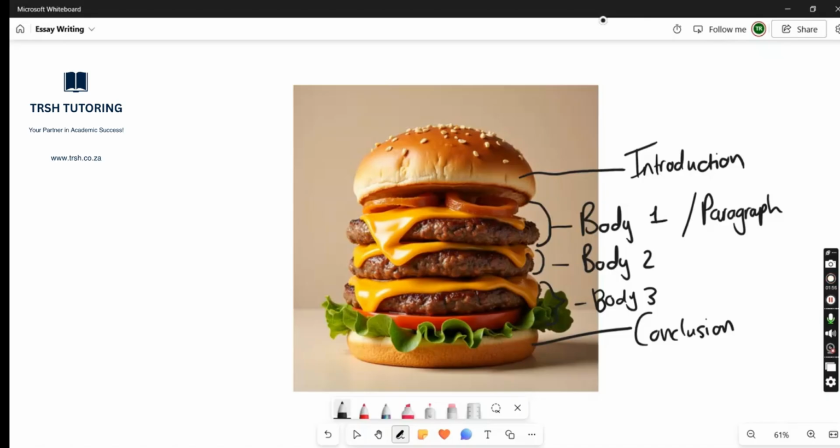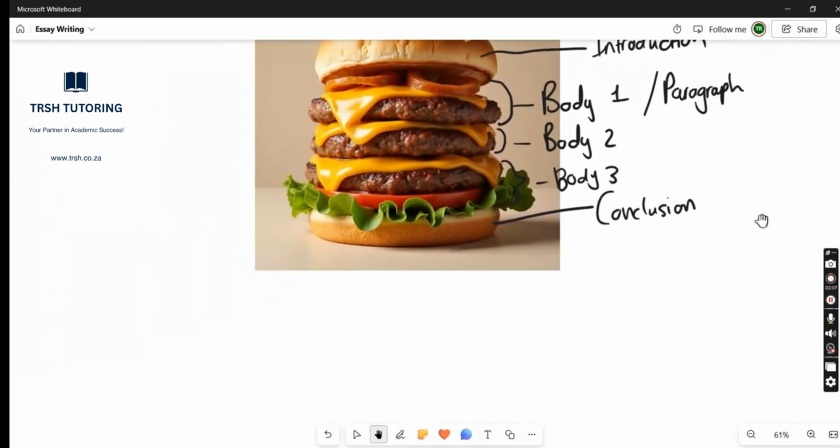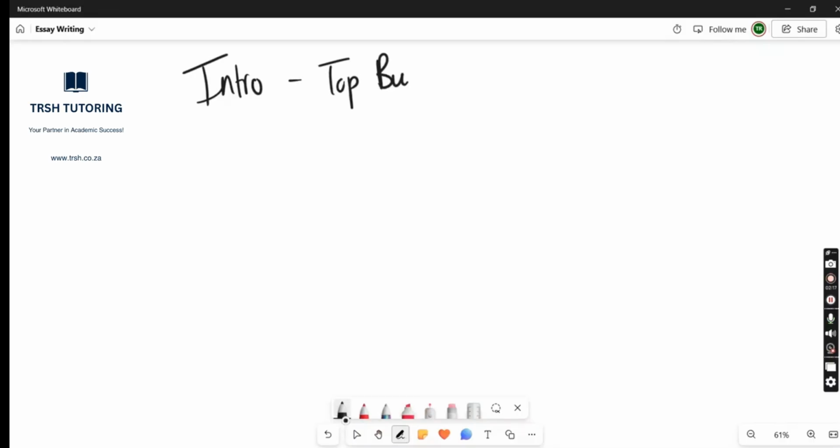Now let's look at all these different stages one by one. So when we're talking about the top bun, we refer to it as the introduction. Okay, so first one being your intro, or the top bun, whichever way you'd like to look at it.